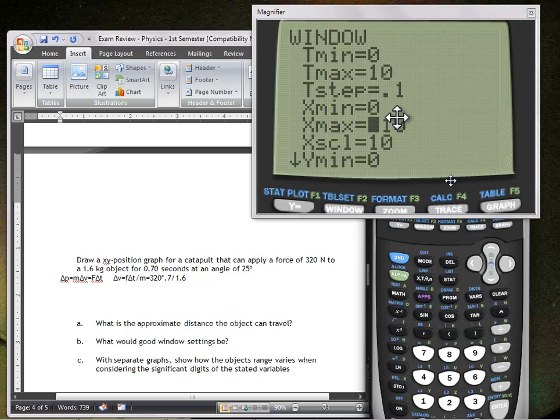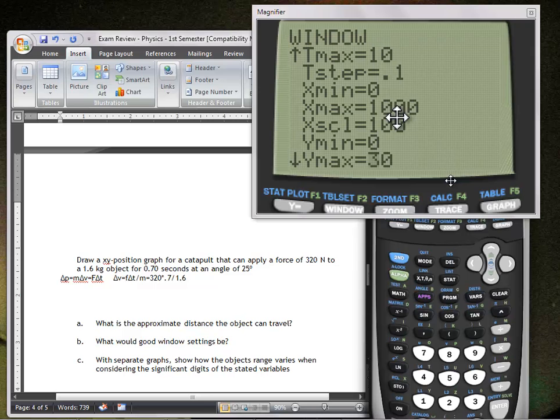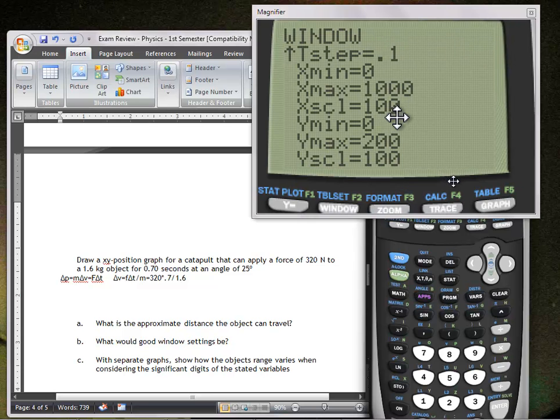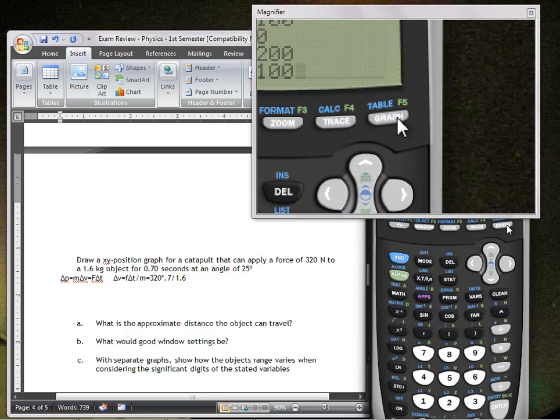Let's go out to 1,000 just to check, and then vertically, maybe 200. It probably won't go very high. And that looks like a possibility. We'll graph and see how things look.